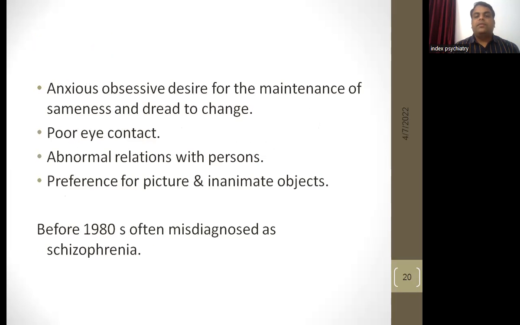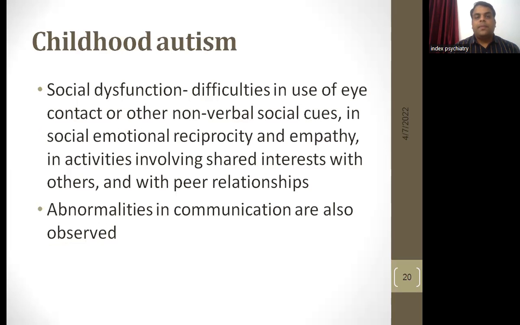Anxious, obsessive desire for maintenance of sameness and dread of change, poor eye contact, abnormal relationship with persons, preference for pictures and inanimate objects. Before the 1980s, it was often misdiagnosed as schizophrenia.